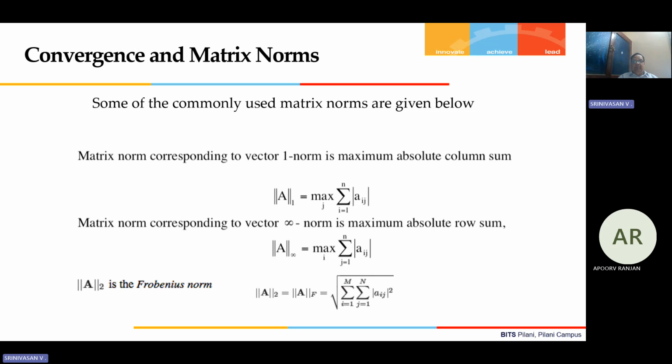Instead, you can simply remember this way: square root of the sum of squares of absolute values of all the entries. That is your norm A suffix 2 or norm A suffix F, Frobenius or vector 2 norm. Right. Where we are going to use this norm A suffix F, the Frobenius norm, and where we are going to use norm A suffix infinity. Okay, right.